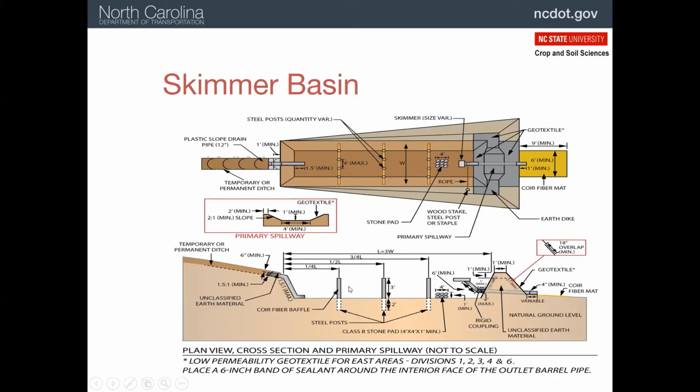We have our posts holding the coir baffles spaced about evenly across the basin. And then at the outlet here, we want to make sure there's a fiber mat or some kind of matting so that when the water leaves this pipe, it doesn't create erosion on the back side.